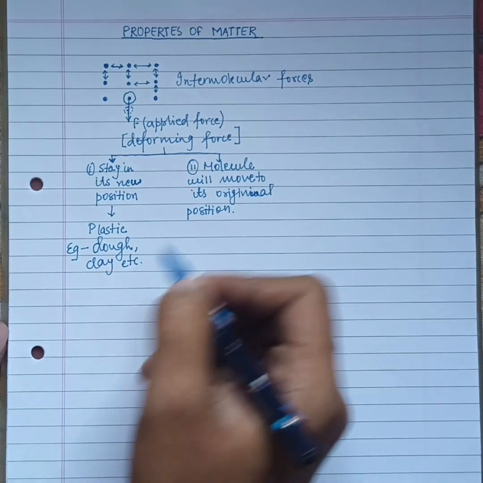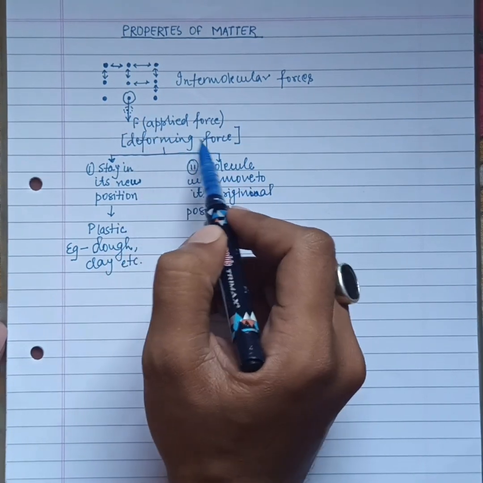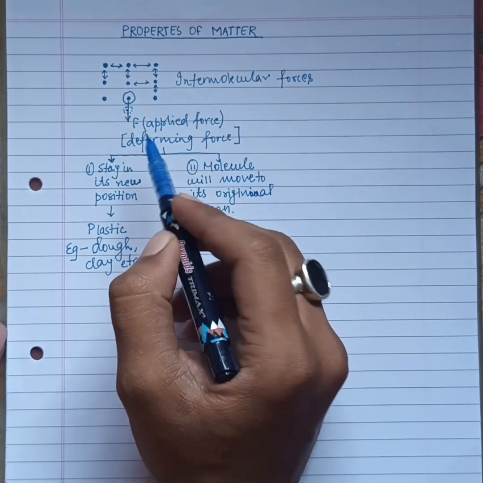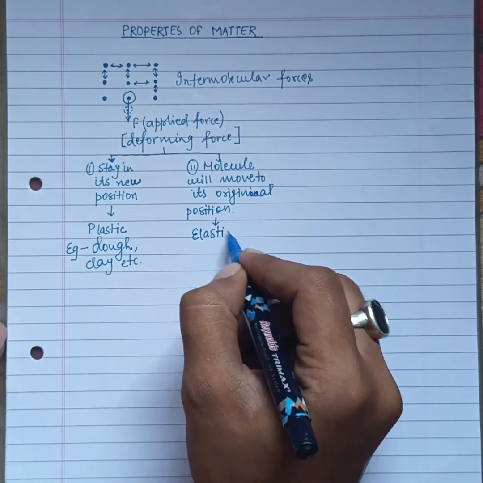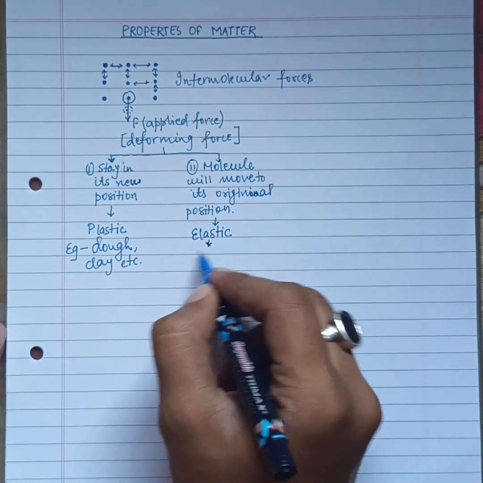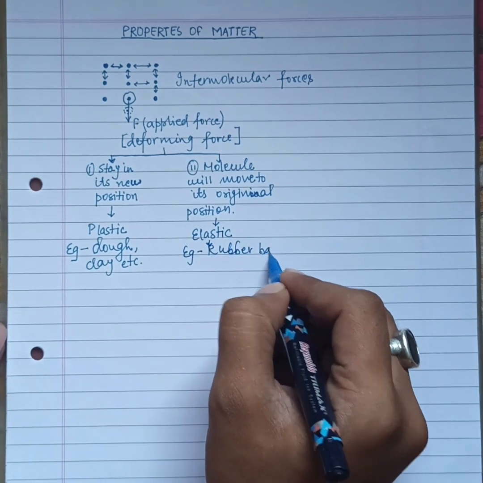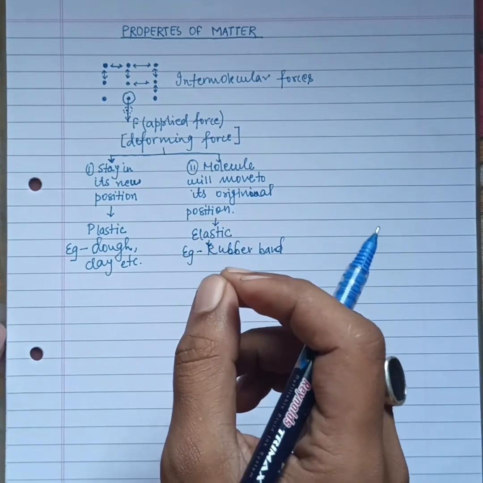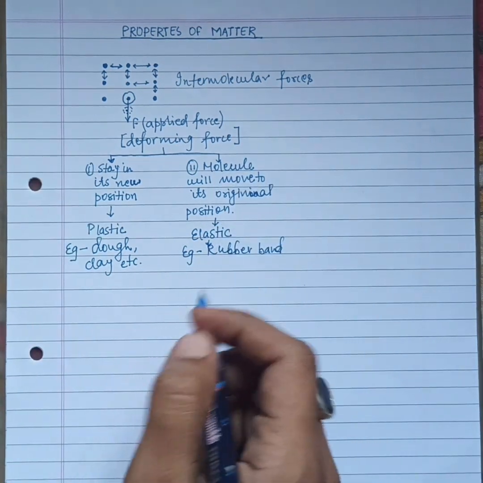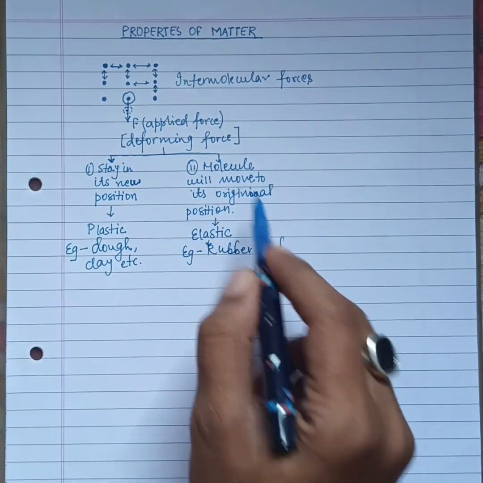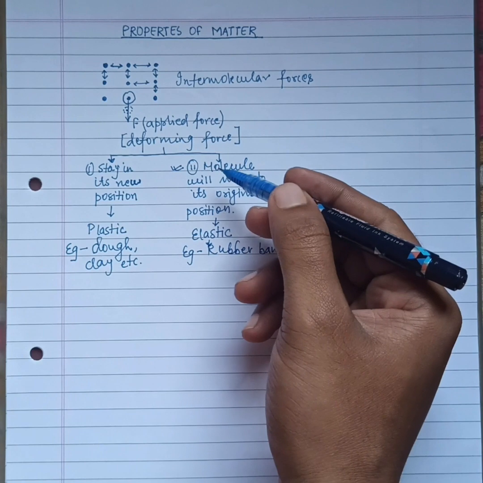Now, if the molecule after removing the deforming force moves to its original position, then that property of the matter is considered elastic property. For example, rubber bands. After applying force, the shape of the rubber band changes, and after removing it, the rubber band comes back to its original position. So in this chapter we will be studying the elastic property of matter.